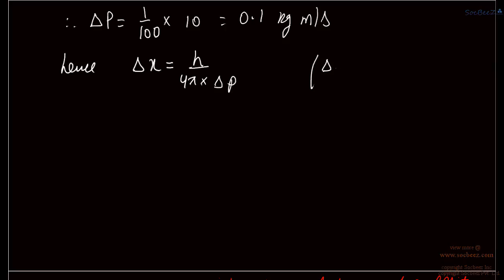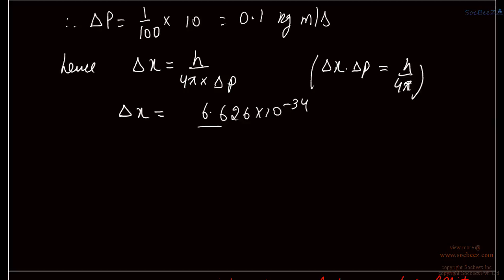Okay, because we know that according to Heisenberg principle, delta x into delta P equals h upon 4 pi. Its minimum value is h upon 4 pi. So from here the value of delta x comes out to be, h is 6.626 into 10 raised to the power minus 34 upon 4 pi into 0.1.